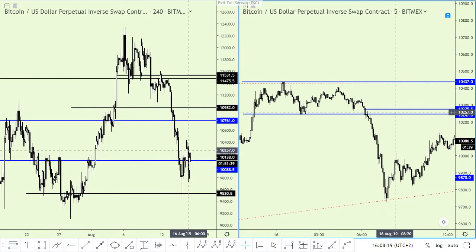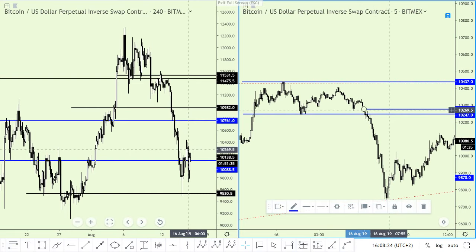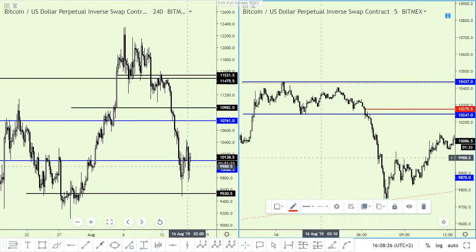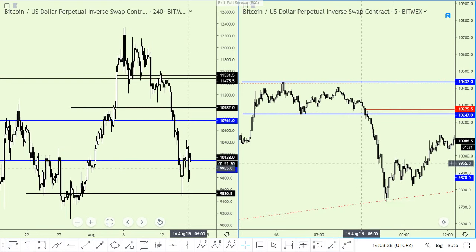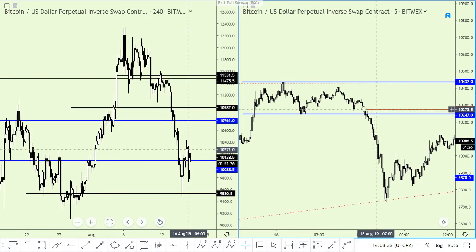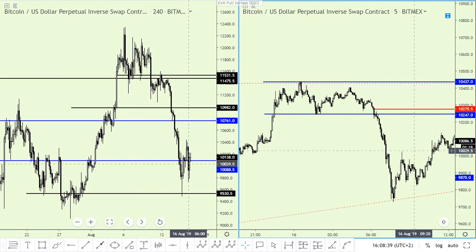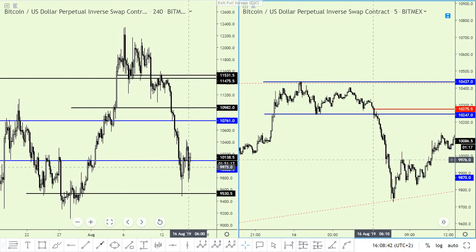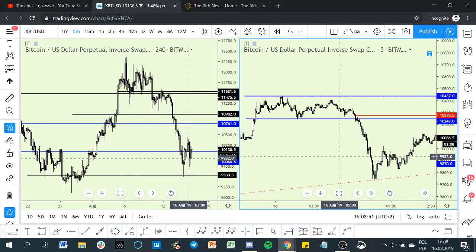And this level broken, 10.275 and 0.5, resulted in a breakdown of the range, right? That resulted in a further sell-off. So this way we would mark key resistances and supports for the pre-breakout and breakdown candles and levels.